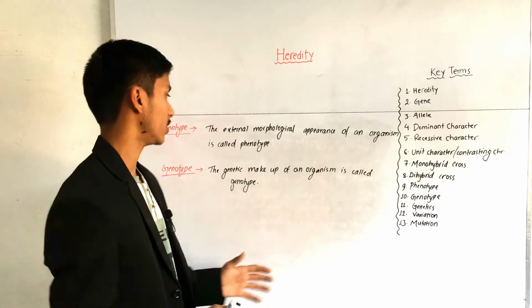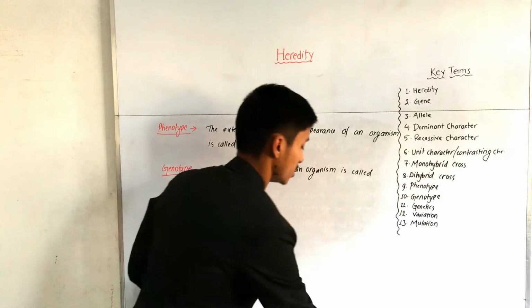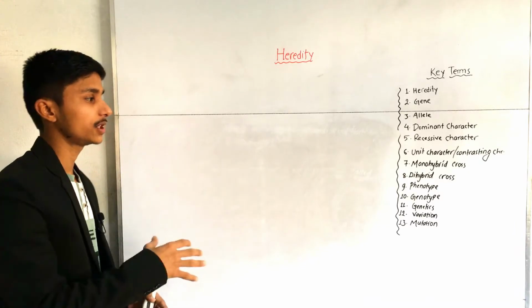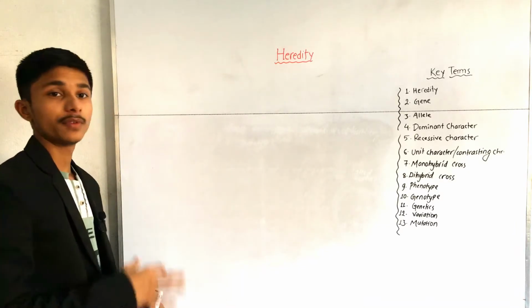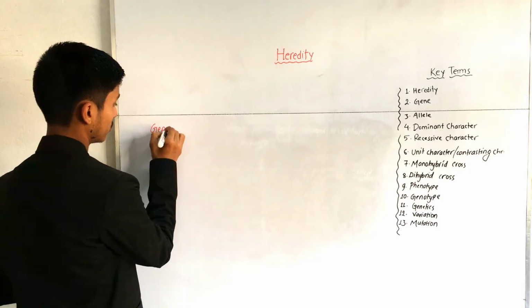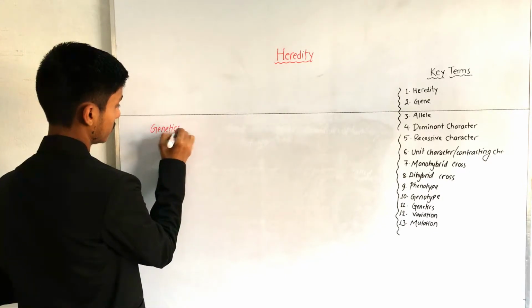Okay, here we write its definition. Now we write the definition of genetics, variation and mutation. Genetics.